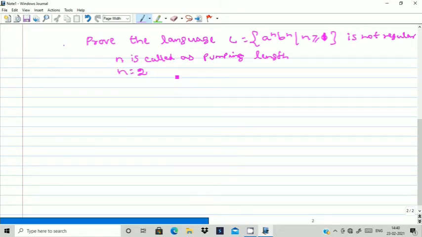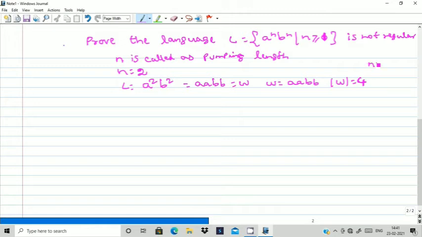If I apply n equal to 2 in the language pattern, then L is a to the power of 2, b to the power of 2, which is AABB. We take AABB as the string W. Now the length of W is 4, so the length of W is greater than the pumping length.